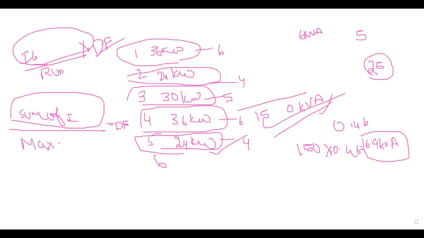Similarly, based on this, they provided some values for the diversity factor, not only for apartments. For lighting loads, they will tell us to consider the diversity factor as 0.9. For main motors, large motors, they will tell us to consider the diversity factor of 1. That is the diversity factor.